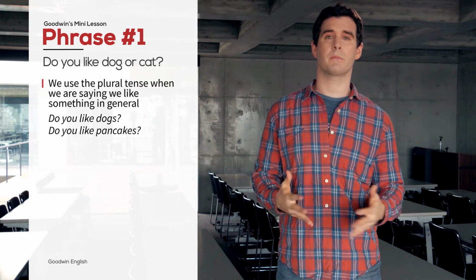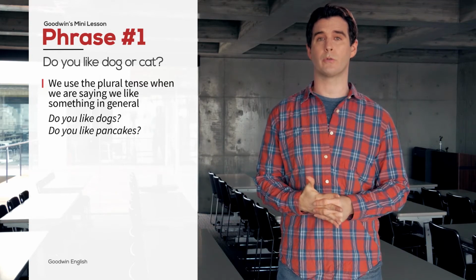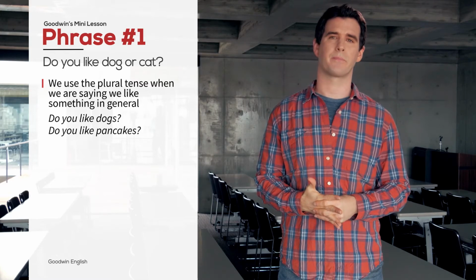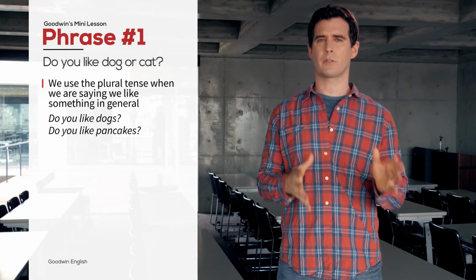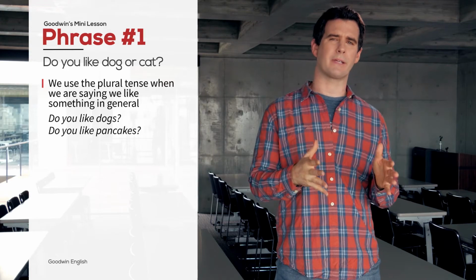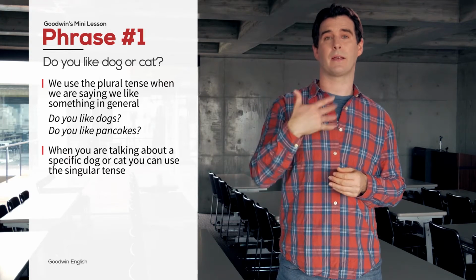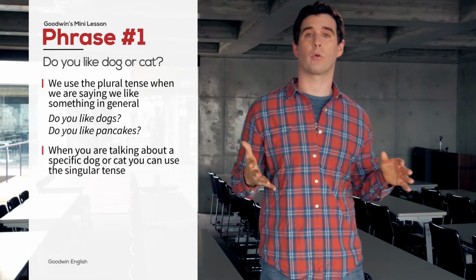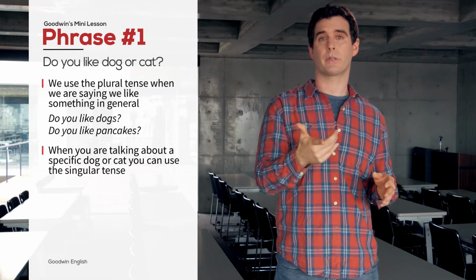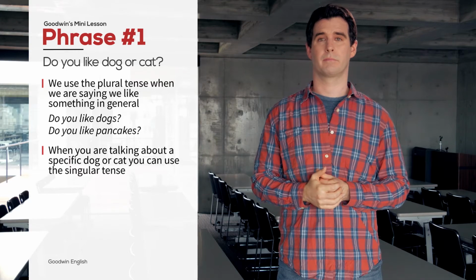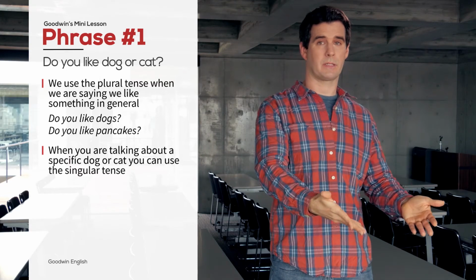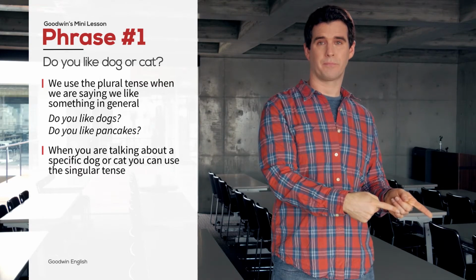There are some situations where you can use the singular tense. This is when you want to be very specific. Let's say that we go to a pet store. You want to buy a pet. In front of us is a cat and a dog.